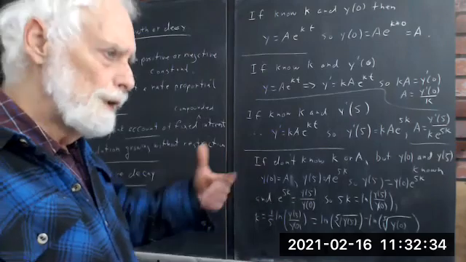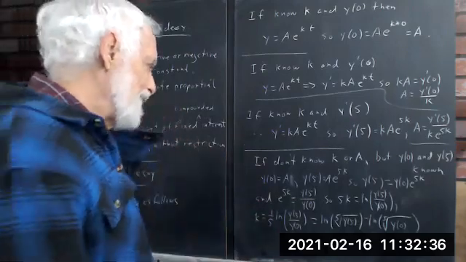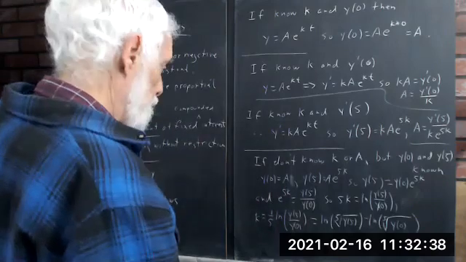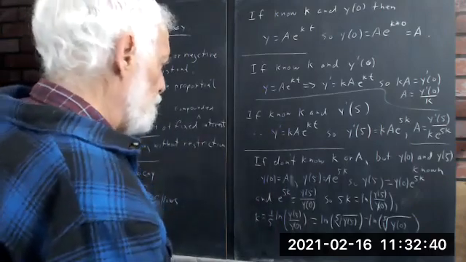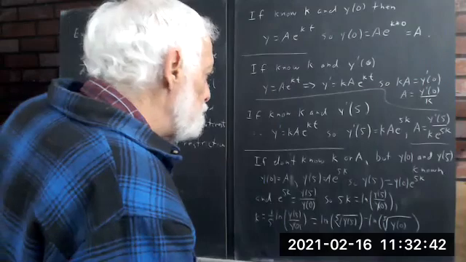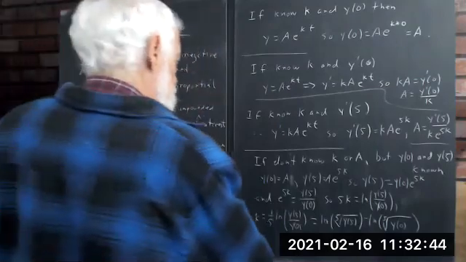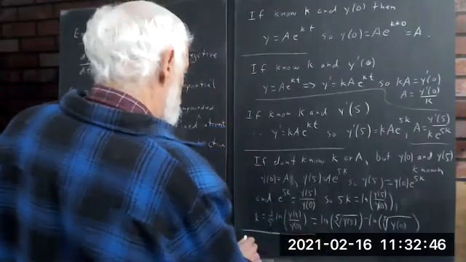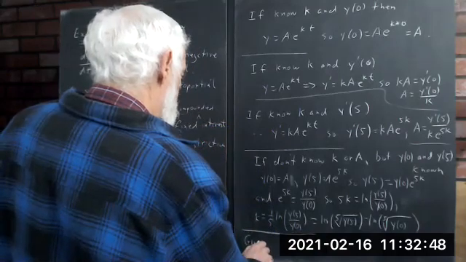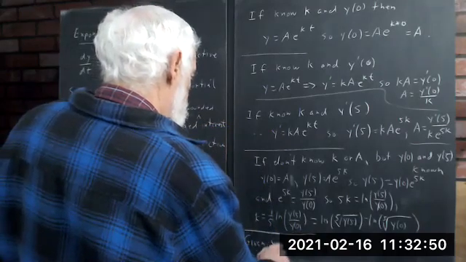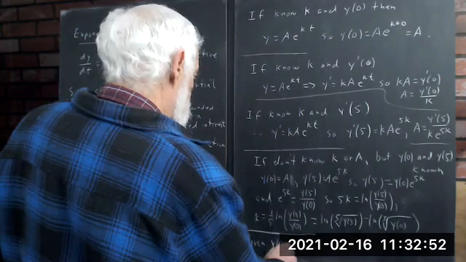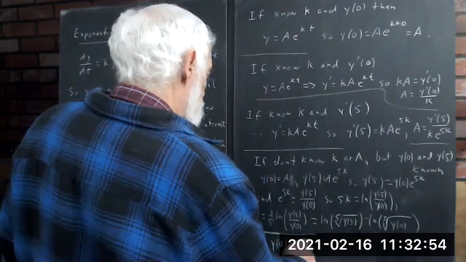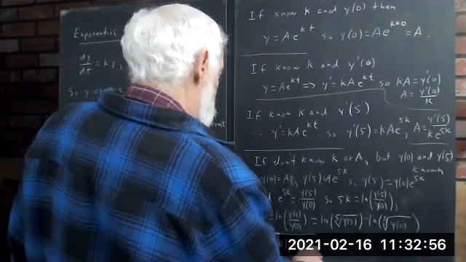Now, if you knew y of 0 and y prime of 0, I guess it's worth writing that up because you do get a system of simultaneous equations. So let's say you're given y of 0 and y prime of 0.